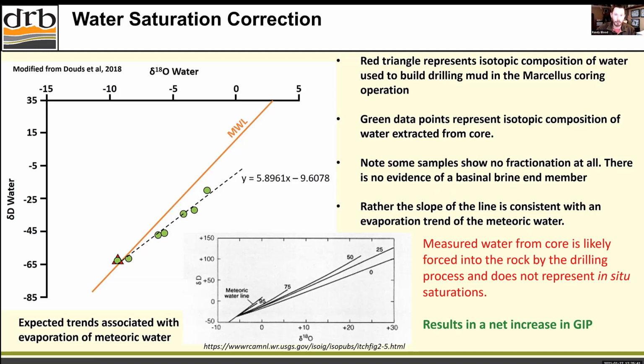That's an anthropogenic source of water, so to speak, that we forced in there, and the actual water saturations of the Marcellus are much, much lower. If we run this as just a best case scenario, we can just assume that the water saturation is zero just to see what kind of answers we get. But regardless of what it is, we know it's less than what we're currently measuring, and that's going to result in a net increase in the gas in place values.